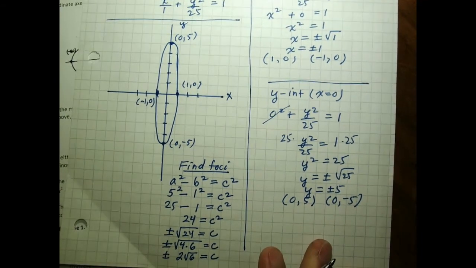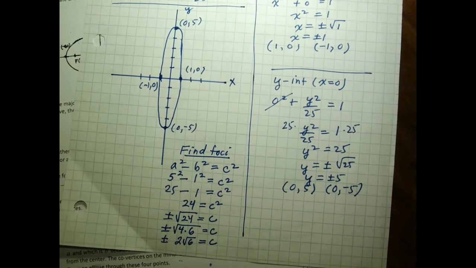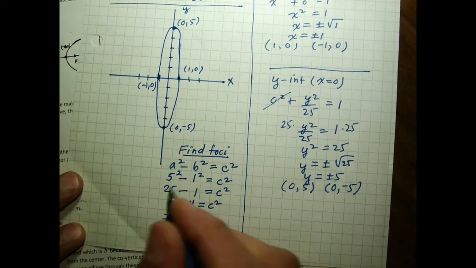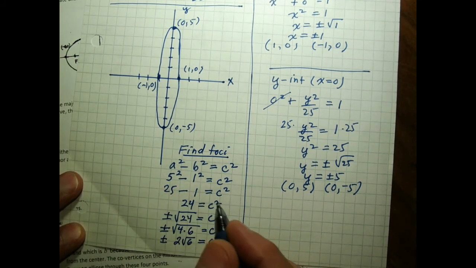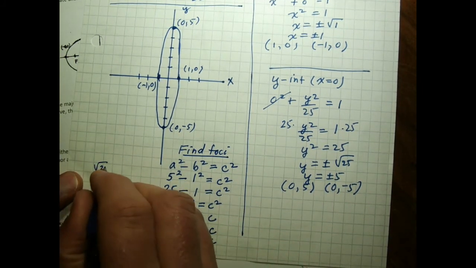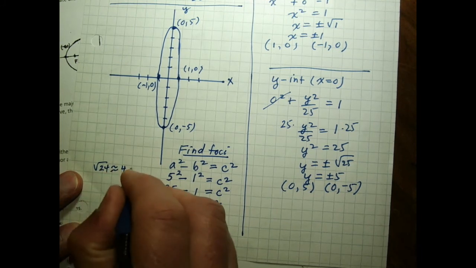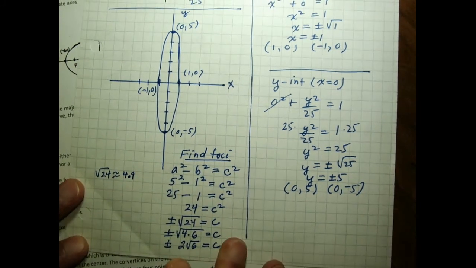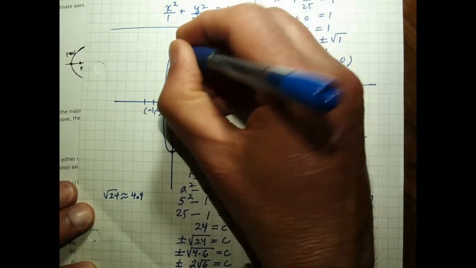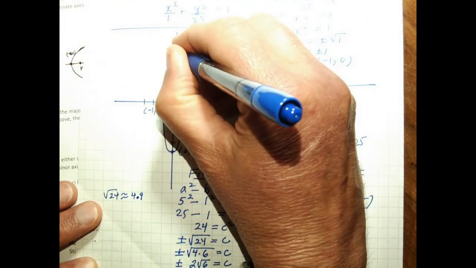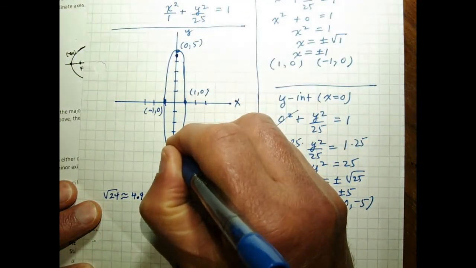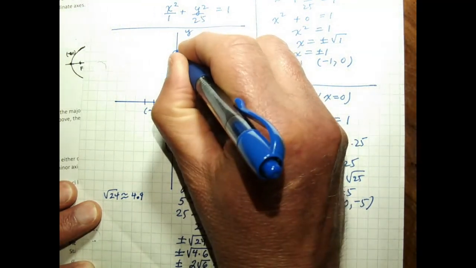And now to plot it, I would need a calculator value here. I can either take the square root of 24 or work with the 2 square root of 6. 4.9 is about my c value. So square root of 24 is about 4.9. So I'm going to be right up against, I'm kind of not putting it all the way where it should be just because I won't be able to see that dot.